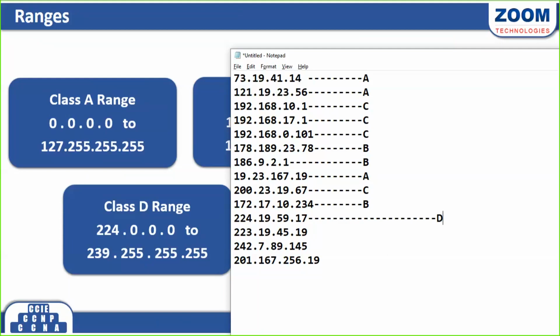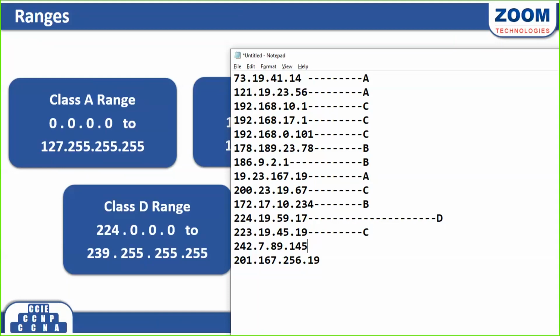So which class IP addresses can we use? A, B, C only. Any IP address from 224 to 239 cannot be used. Like 223.19.45.19, can we use it? Yes. It belongs to Class C.